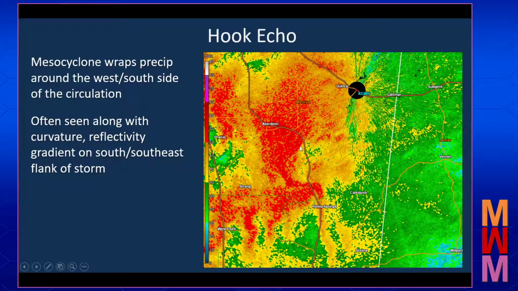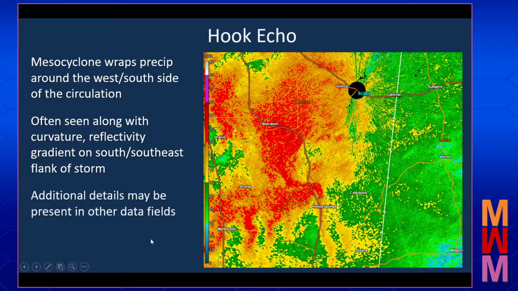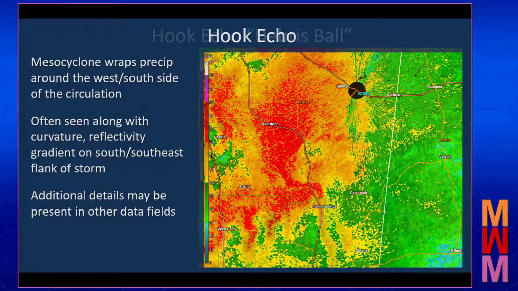And usually we will see the curvature of the storm and oftentimes a sharp reflectivity gradient in this area as well. And if we look at the hook echo as it evolves over time, or we look at some other data fields, some other details, some other information about that hook echo may become present and visible to us.